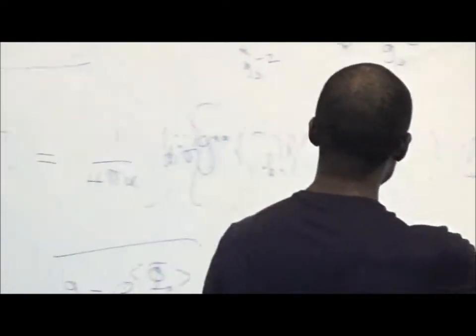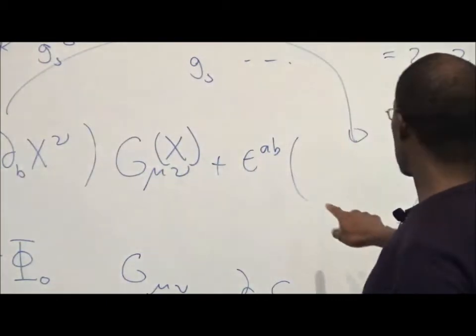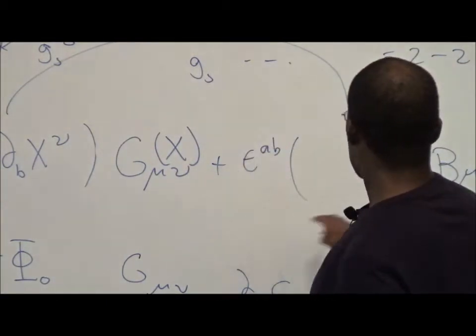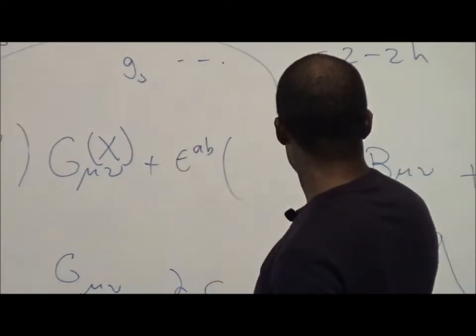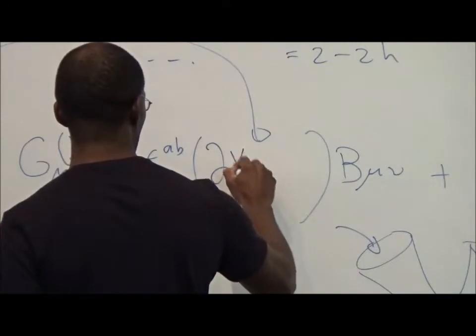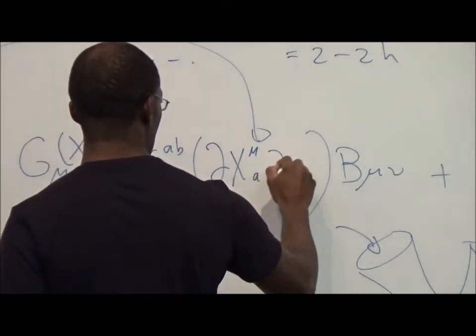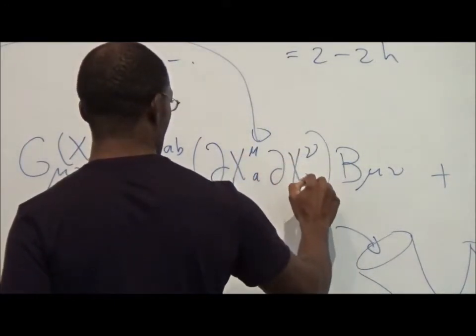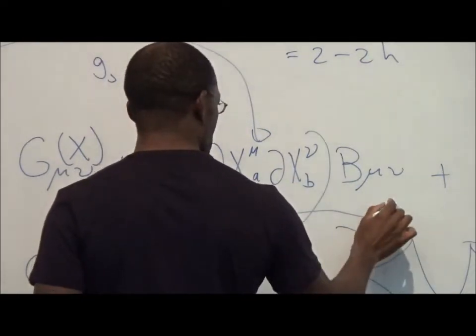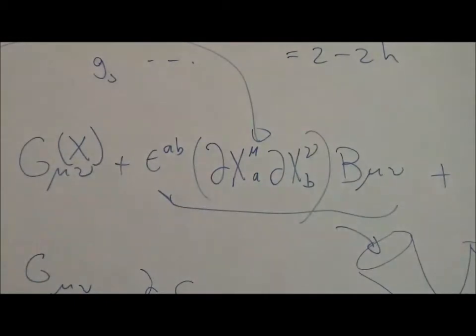If I look at this, up to factors that I may have, depending upon how I've written this, there may be a factor of i here or something like that. But if I look at this, let me write this term out properly. Another way of thinking about this term is that it's the natural thing that you would write down that generalizes.